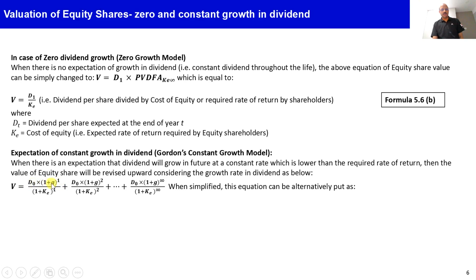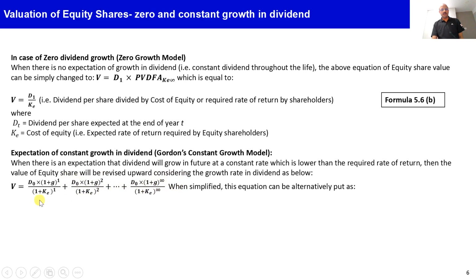So this is the first year dividend divided by (1 plus KE) raised to power 1, plus D0 times (1 plus G) raised to power 2. The numerator is the second year dividend, discounted by (1 plus KE) raised to power 2, and so on till the indefinite period.